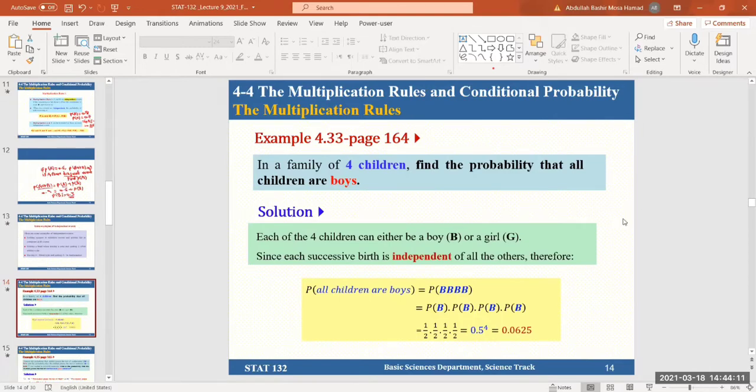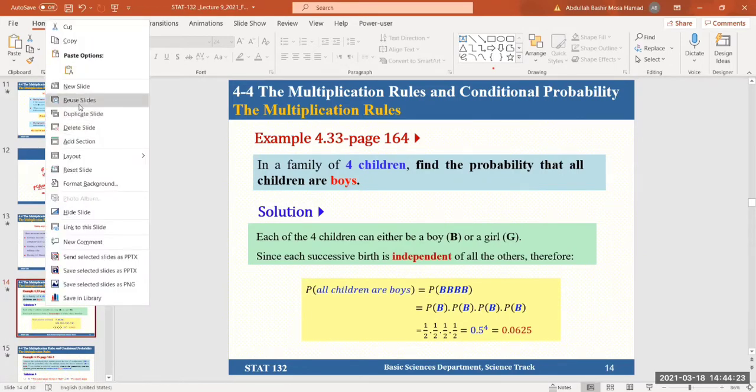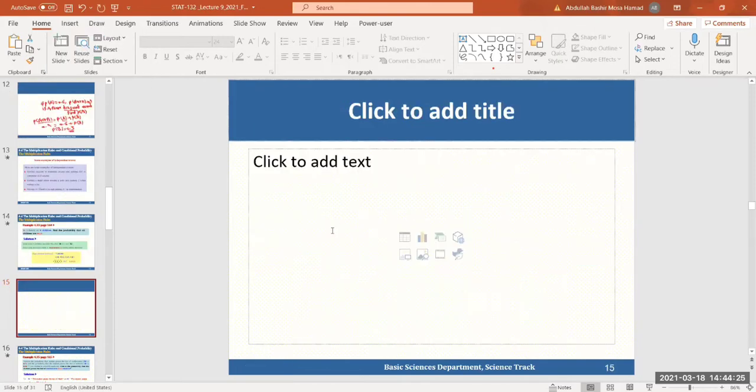A family consists of 4 children. The question is to find the probability that all children are boys. Before this, let's take an easy example. A family consists of, let's say, only 2 children. How many outcomes are in the sample space? 2 children means 2 power 2, because we have two outcomes, boy or girl, right?